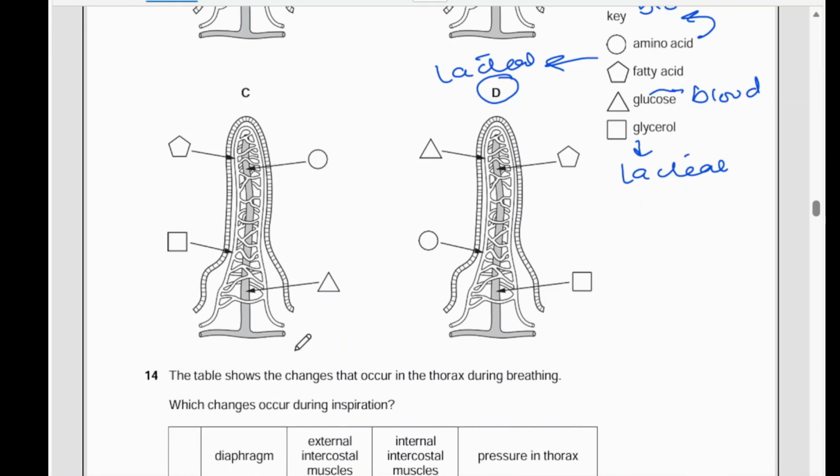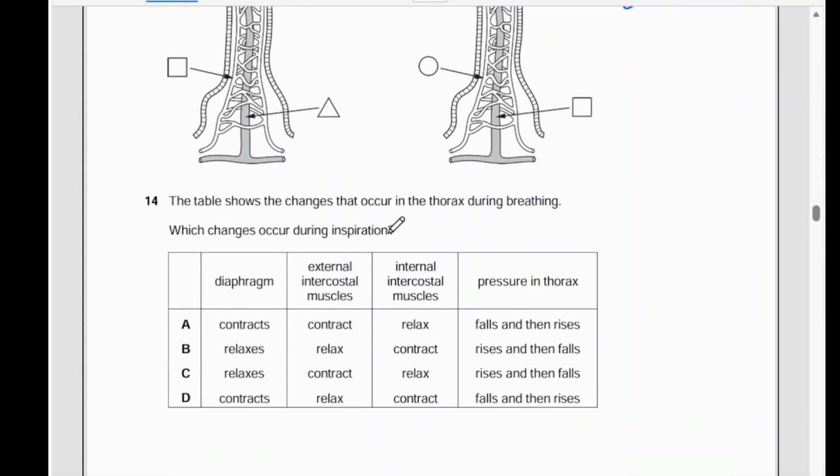Okay, the 14th one. The diagram shows the changes that occur in the thorax during breathing. What changes happen during inspiration? Now, you inhaled. So what would happen to the muscles? The external intercostal muscles and the diaphragm. Diaphragm is also a muscle. So the diaphragm moves down by contracting.